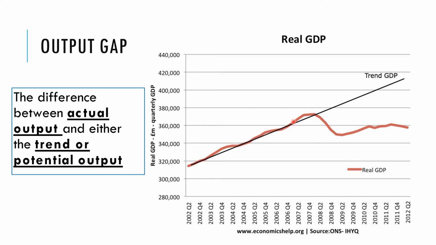And if we do a trend for this period of time, then we get the black line, a line of best fit. Now what we can see is that after 2008, a gap opens up in terms of output between the actual output in the red line and the trend level of output, which is the black line. We would describe that as being an output gap, where there's a difference between the actual output and what we would expect from the economy.